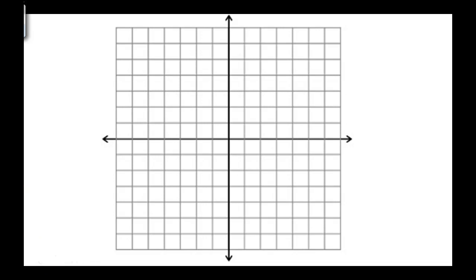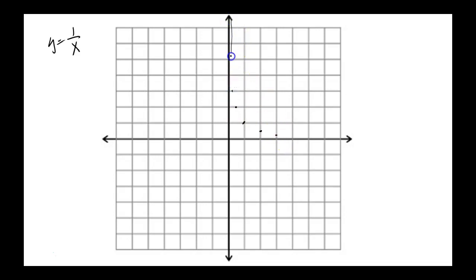The function is y is equal to 1 over x. I think we talked about this, right? Some of the points on this would be (1, 1), (2, 1/2), (1/2, 2), (3, 1/3), (1/3, 3), and on and on.